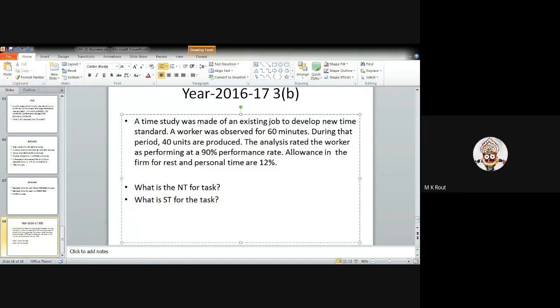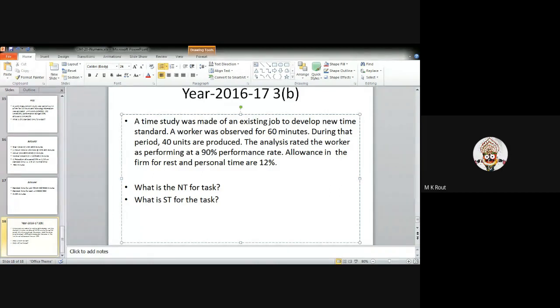The analyst rated the worker as performing at 90% of performance rate. Is it clear? Yes, sir. 90%.